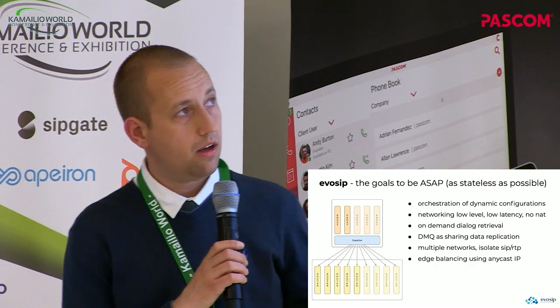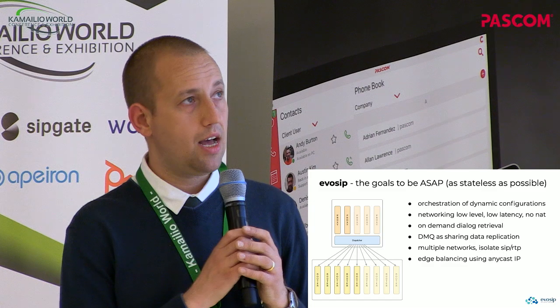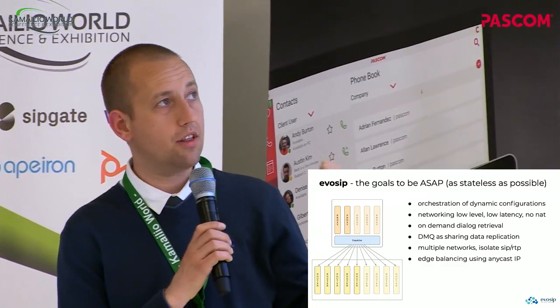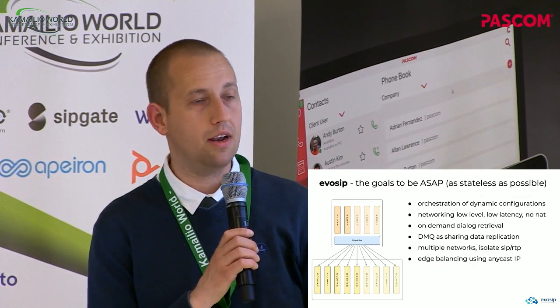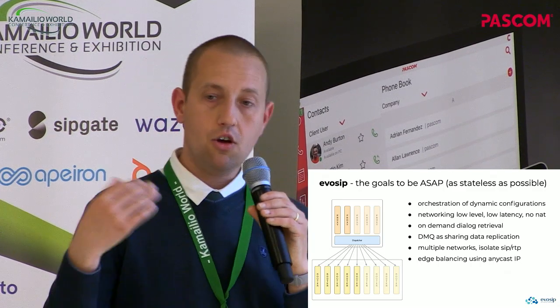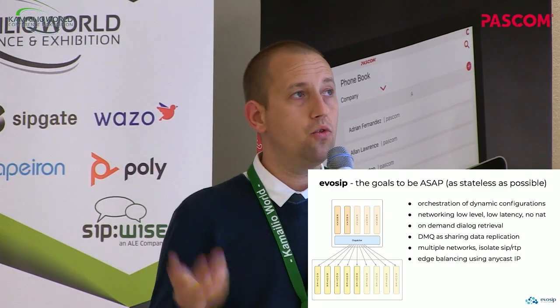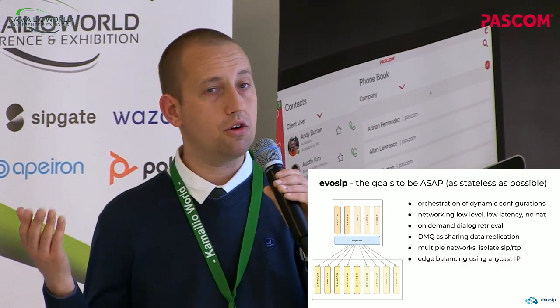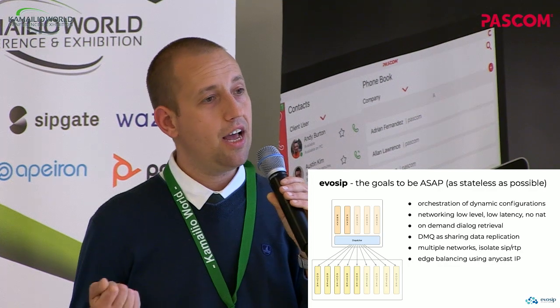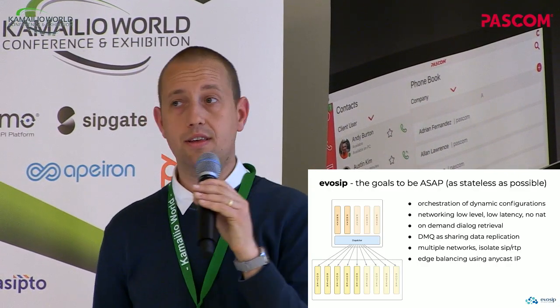We created an orchestrator, and every pod has an aligner able to get information from the orchestrator, which talks directly with the Kubernetes API, handles events, and updates configuration and hooks Kamailio, for example, to reload modules, or to update, for example, hash table data. We implemented the networking layer with low level, low latency, and no NAT.